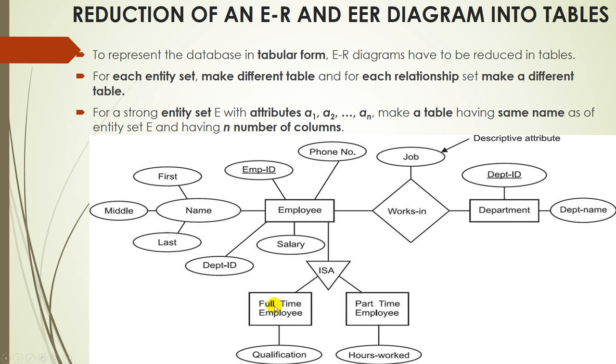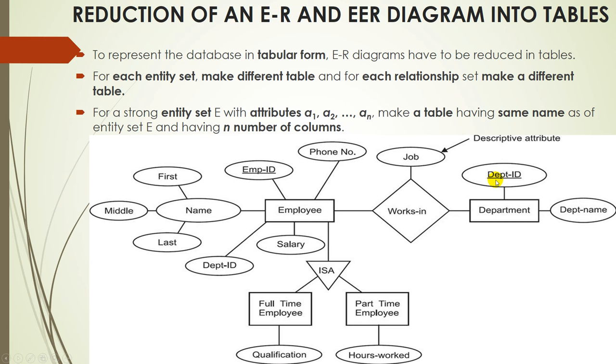A full-time employee has another qualification field, and a part-time employee has hours worked. We also have another entity, department, with two fields, department ID and department name, with department ID as the primary key.